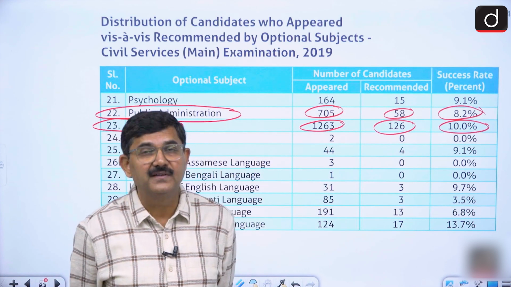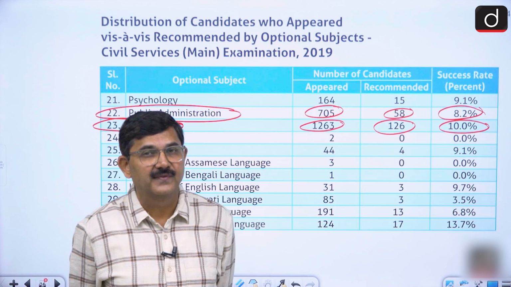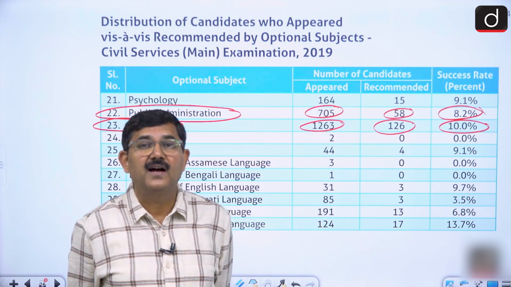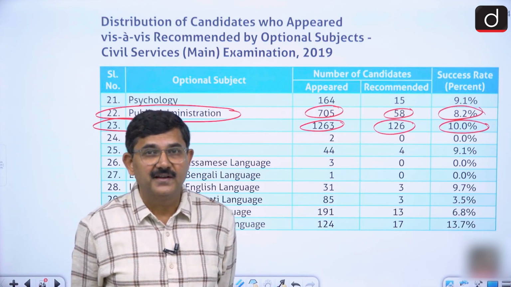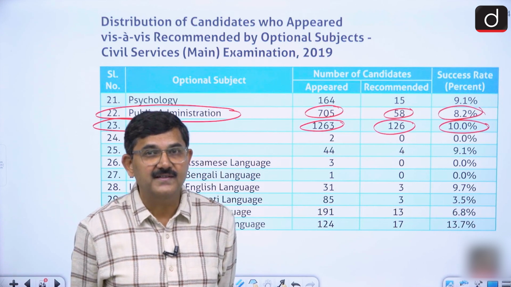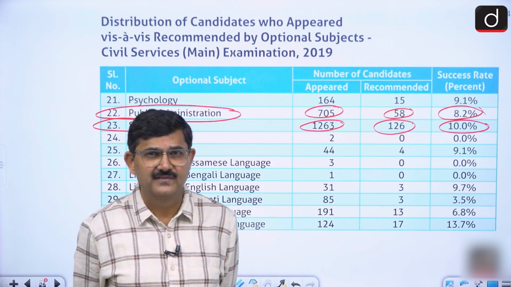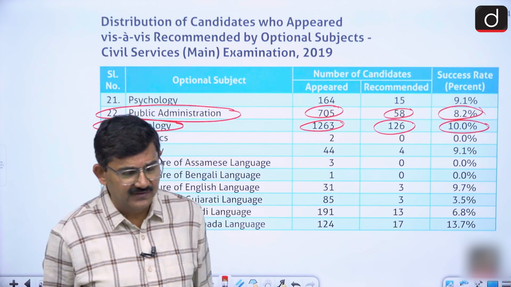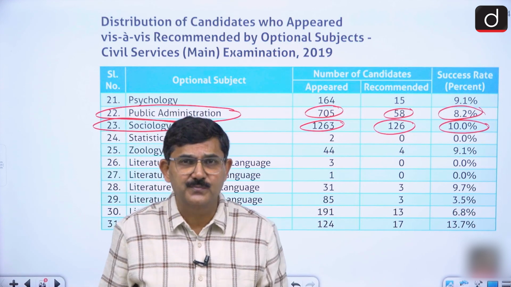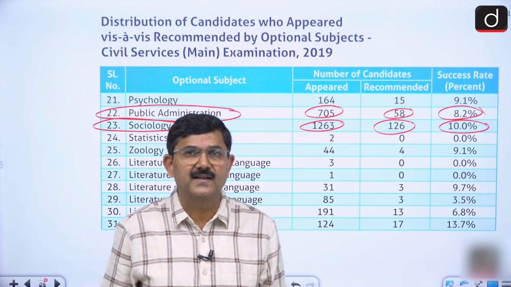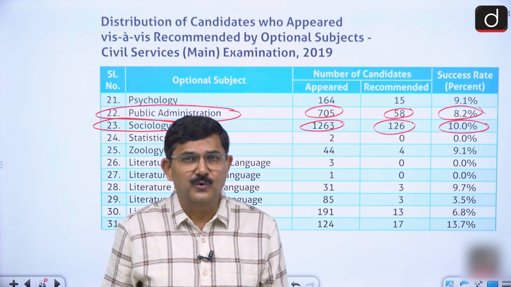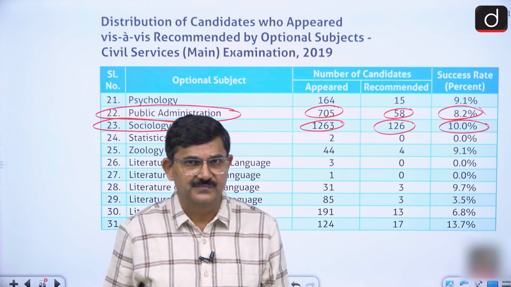So you can see even consistency. Not only does it have the highest success rate, but it is showing consistency as well. Exactly the same, 10%. So there is no doubt that it was a popular, and still is a popular subject, and a good number of candidates are getting selected. Overall, the success rate is best with this subject.